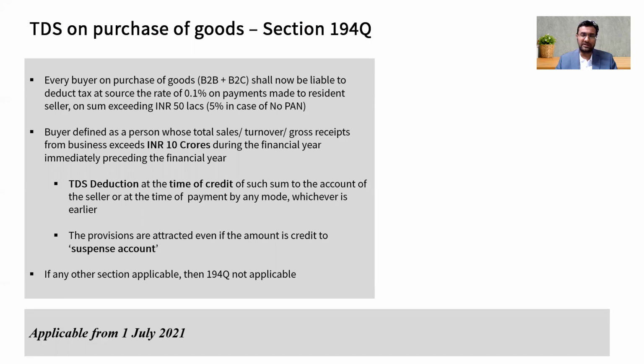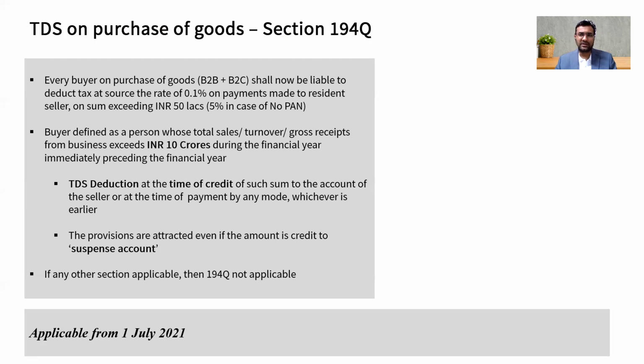What I mean by tax at source is similar to the tax deduction at source which our employers generally do in the case of a salaried employee. You go for a contractor kind of business, their 194C becomes applicable. So there were already various sections on this. It's just an addition in the event you purchase goods from the seller. The rate of tax which you have to deduct is 0.1%.